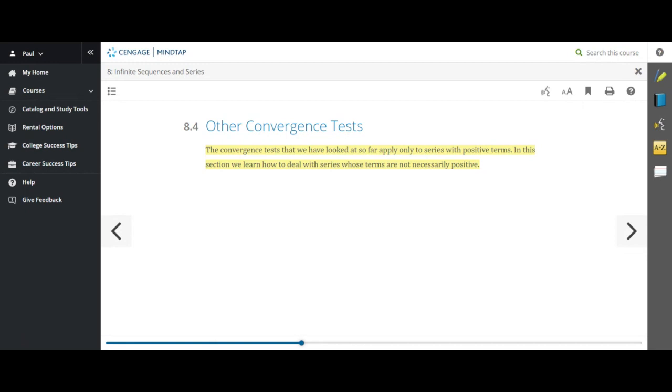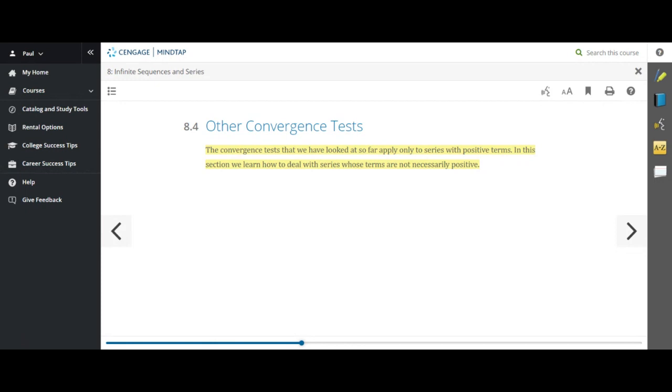And in section 8.3, you looked at series that are a little bit different. They're not your standard series overall, but nevertheless, through different kinds of tests, we can determine whether those series converge or diverge.